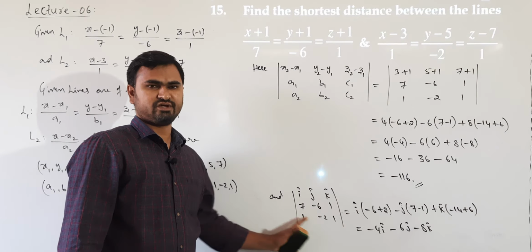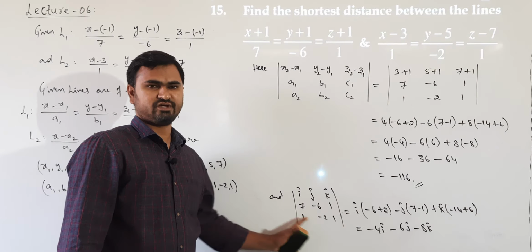So what will be the magnitude of this? It is root of minus 4 whole square plus minus 6 whole square plus minus 8 whole square. So it is root of 16 plus 36 plus 64 is root of 116. Okay. So we know the numerator is minus 116 and denominator is root of 116.